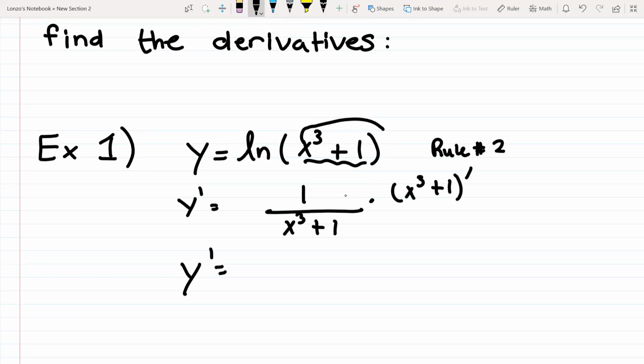The derivative of x cubed plus 1 is going to be 3x squared, because I use the power rule, and then the derivative of 1 is just 0. And then over this thing, you just leave it alone. You don't take the derivative. And that is your final answer.